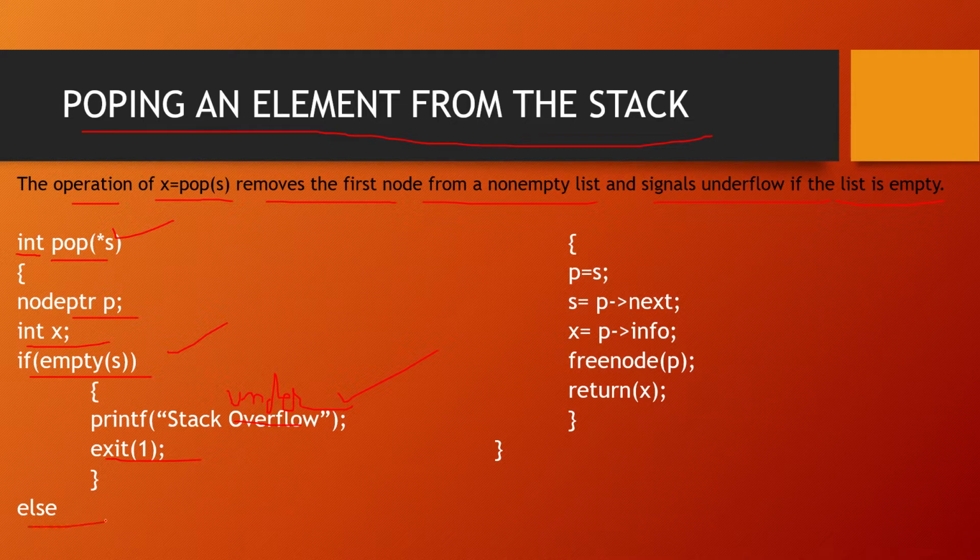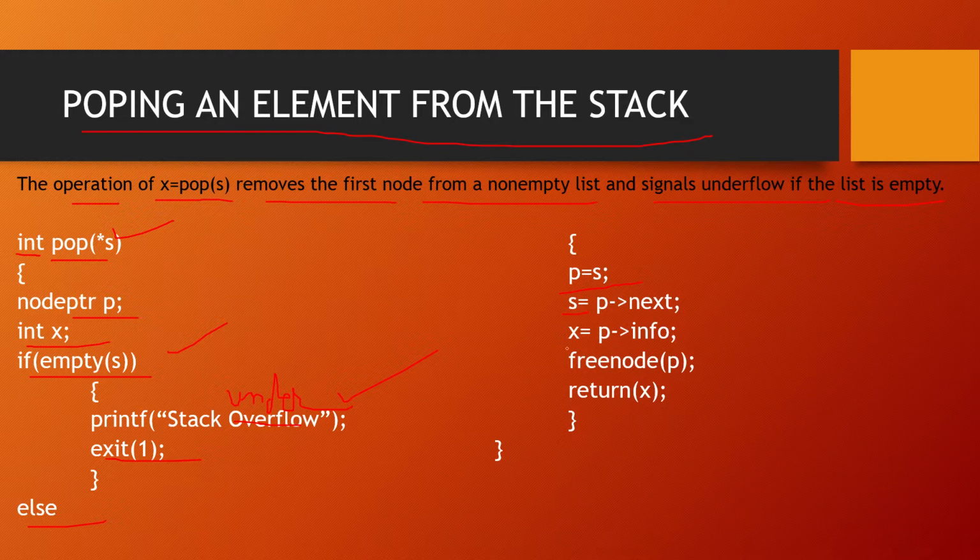Else, otherwise, p equal to s, that is, p becomes an alias, or the second name, of s. Then we copied the next part of p to s.